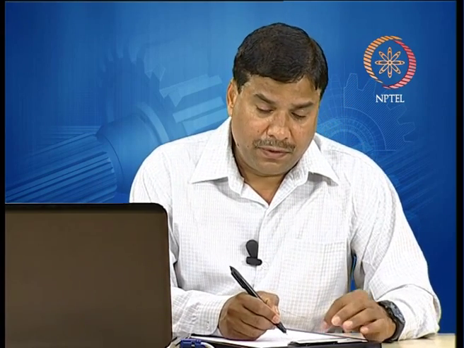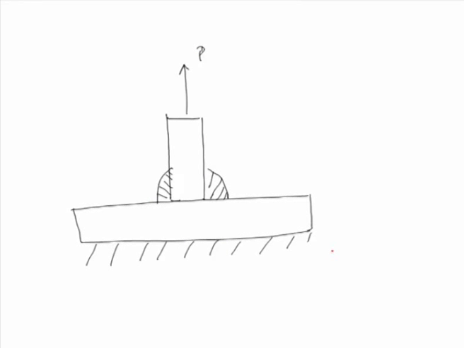The load resisting cross-sectional area of this joint will be identified in such a way that it is able to take up this external load acting on it.